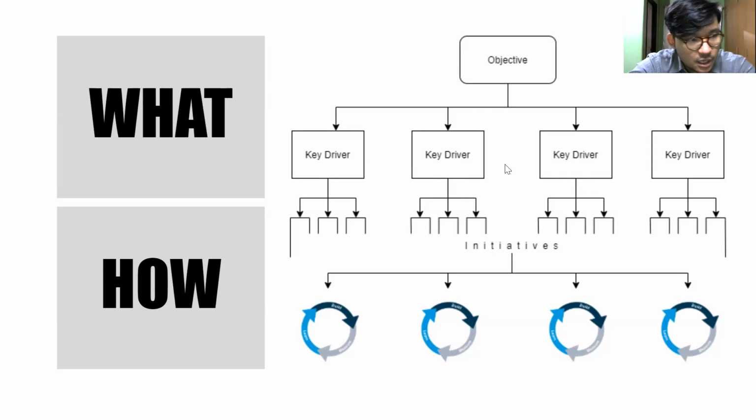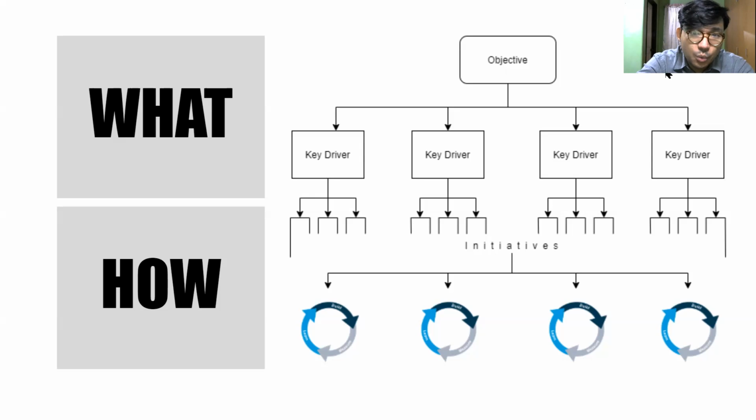A good example here is your QPI, your grades. Your QPI is your main objective. The key drivers here are your different subjects. If you get an A in all of your subjects, then your QPI becomes an A.